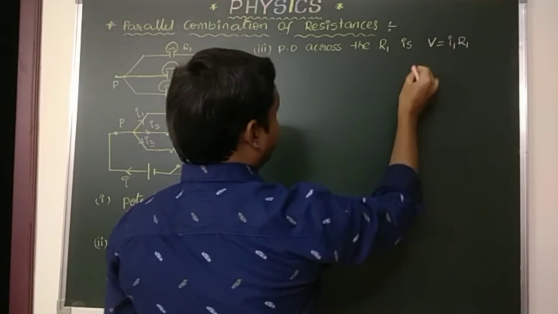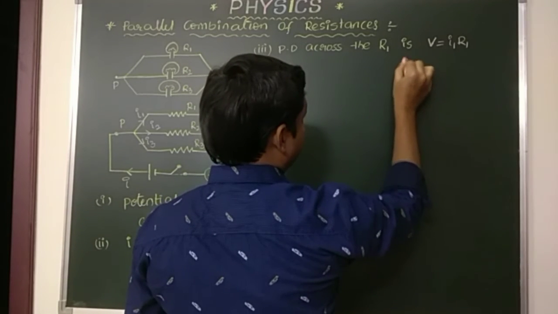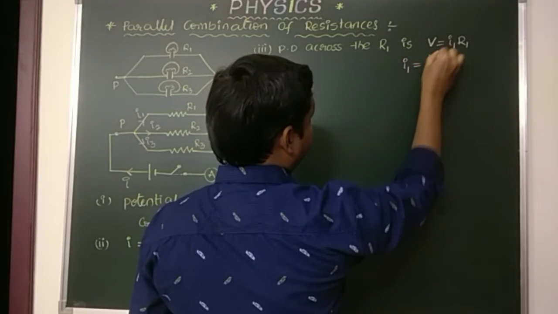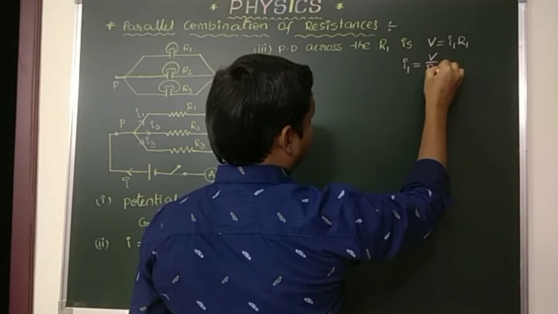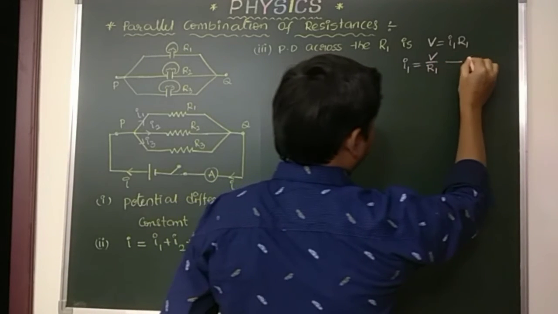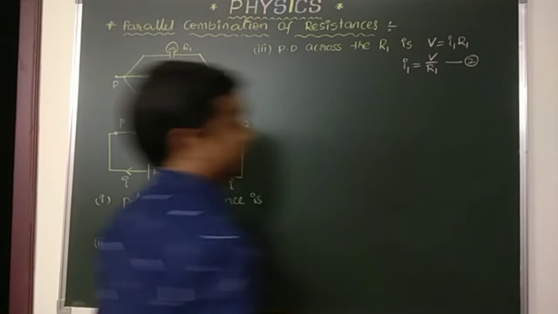From this you can write the I1 formula: I1 is equal to V by R1. Let this be equation number 2.